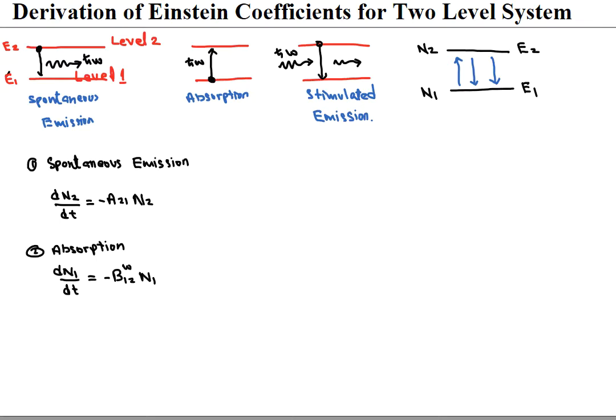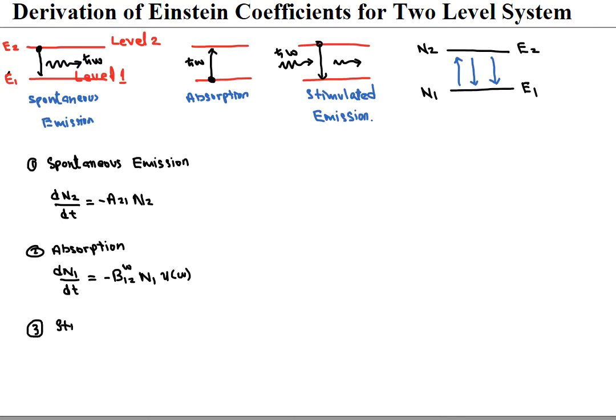But here we have an additive term, that is u of omega, that is the total spectral energy density available in this system, from which the energy of certain frequency is absorbed to make transition from level 1 to level 2.